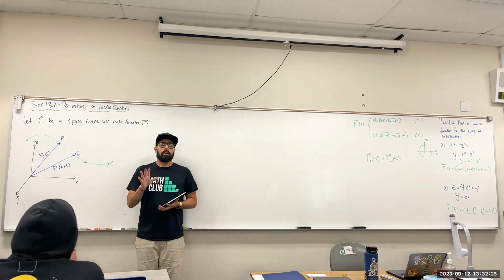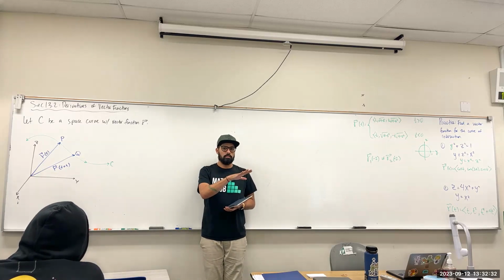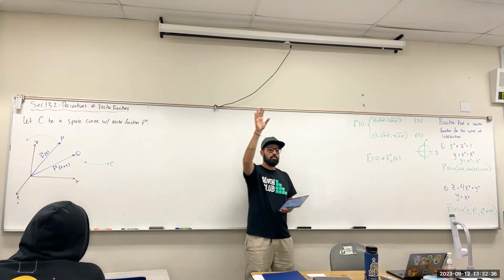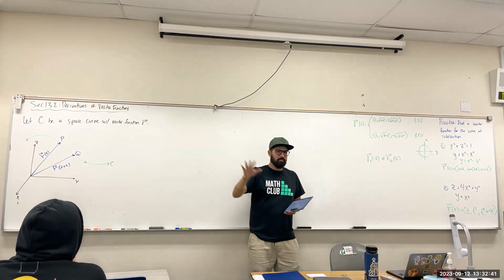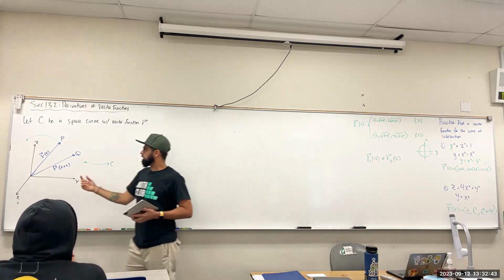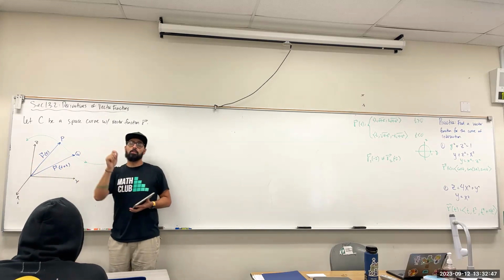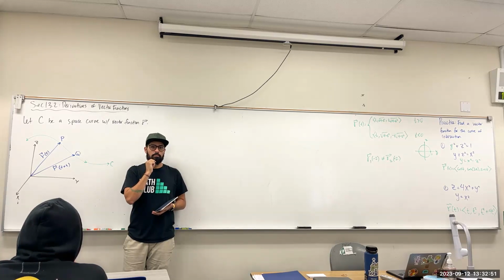In calc, when you defined the derivative, do you remember the difference quotient? It was f of x plus h minus f of x, over h. If we subtract these two, what is the result, a number or a vector? It's a vector, remember.